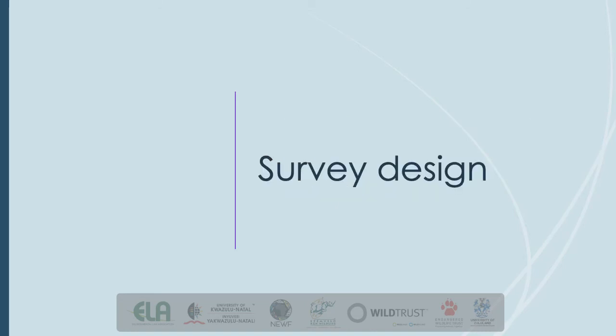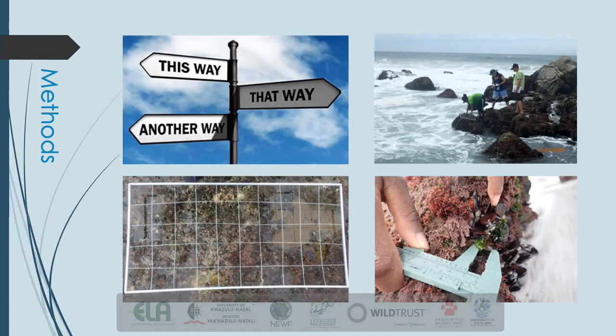One of our biggest limitations with the study was that the zones in the previous study were not fixed. Therefore, we had to rely on identifying the dominant species that were characterized by Dr. Kerry Sink to describe each zone.